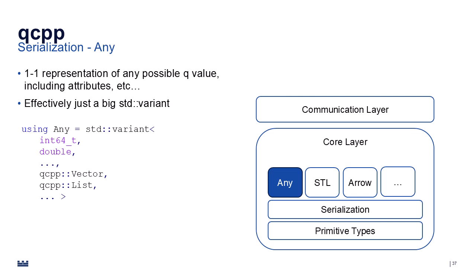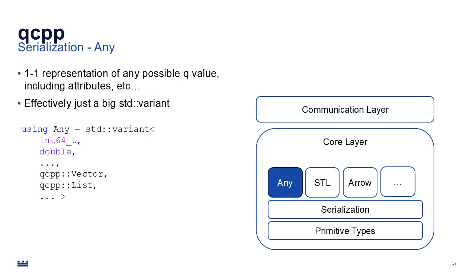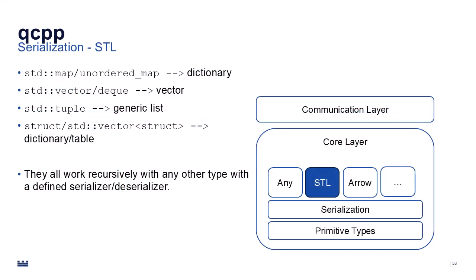On top of that, we built a few common data formats that we can convert to and from Q. One is our own one-to-one representation of any possible Q value, including things like compositions and lambdas. This is effectively a big STL variant. It's quite nice for C++ developers to be able to deal with it that way versus the opaque pointers you usually get with Q. Again, we have direct serialization to and from STL.